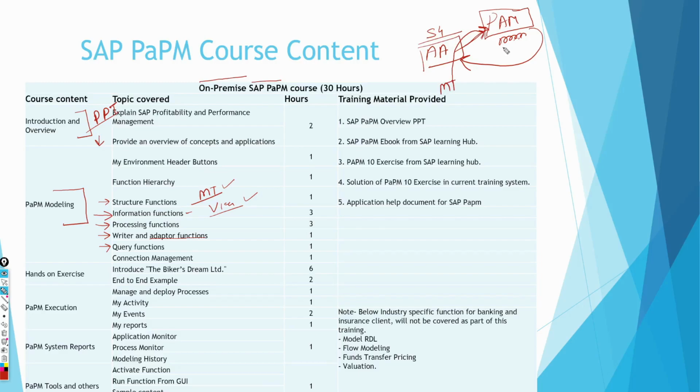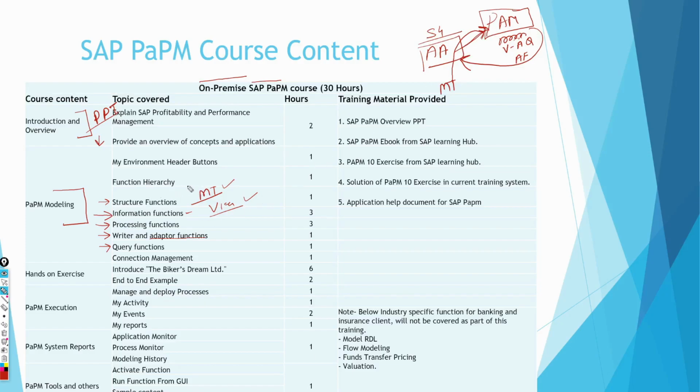Then within PAPM, I will use different functions like view, then allocation, then query. Once the user knows that this is the allocation output, then it can post back. There you use adapter function. This way, these functions will be interconnected with each other by means of input and output relationship.